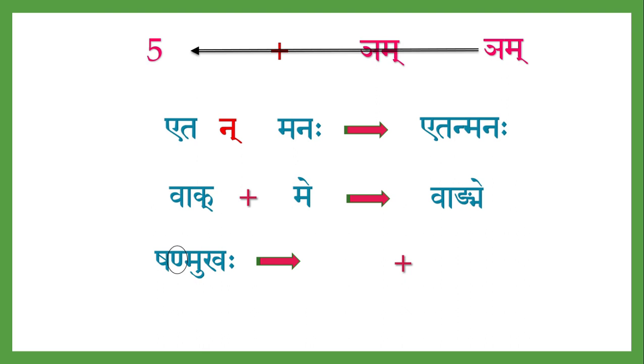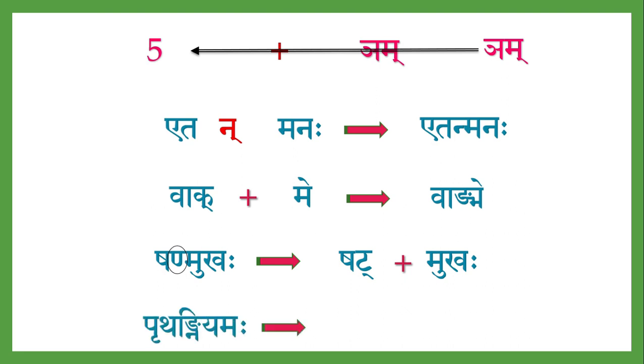We all know this. So, we shall remove this letter Na and bring in the first letter of the same Vargaha, that is Tavargaha. So, it finally becomes Shat plus Mukhaha. Shanmukaha can be split as Shat plus Mukhaha.